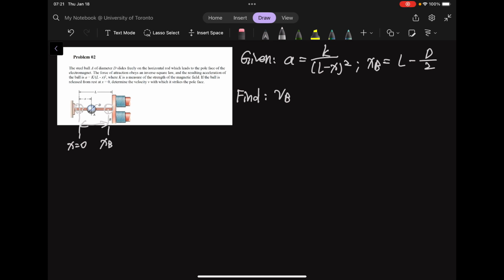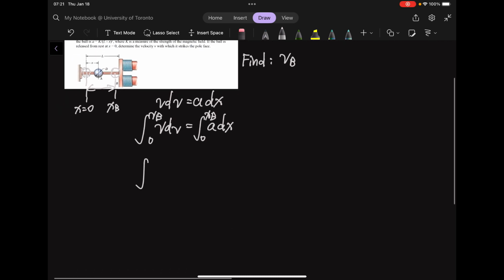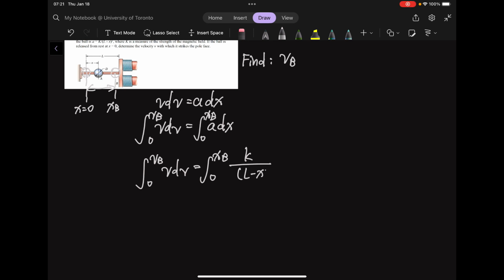Because the acceleration changes all the time, we can only use this equation. Take the integral from 0 to VB, and from 0 to XB. Acceleration is equal to k divided by (L minus x) squared.